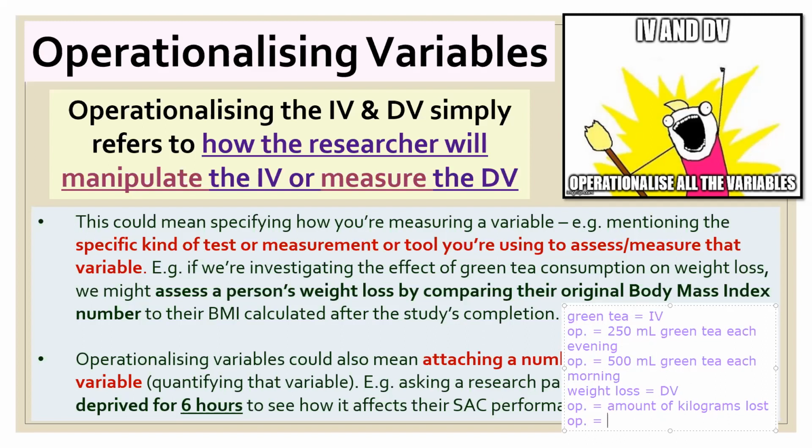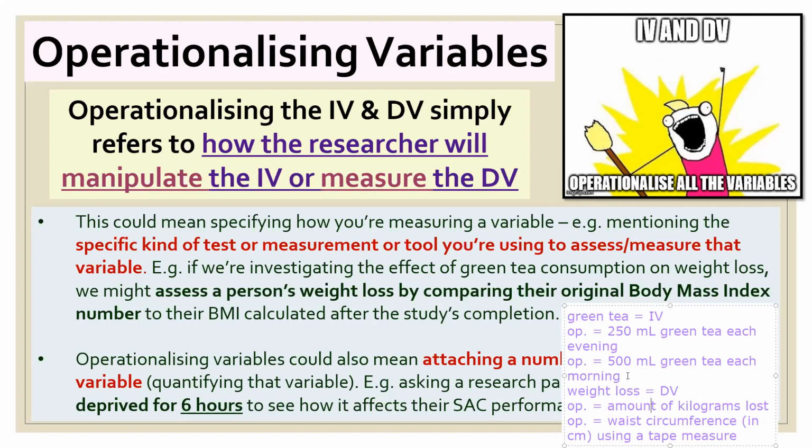Okay, so obviously we can maybe look at something like waist circumference. Okay, and we can measure this in centimeters using a tape measure. Okay, so this is basically showing you that it's the same basic DV of weight loss, but the ways that we operationalize or measure that variable can be different depending on what we are doing as the experimenter in our specific research study. So that's simply what operationalizing is.